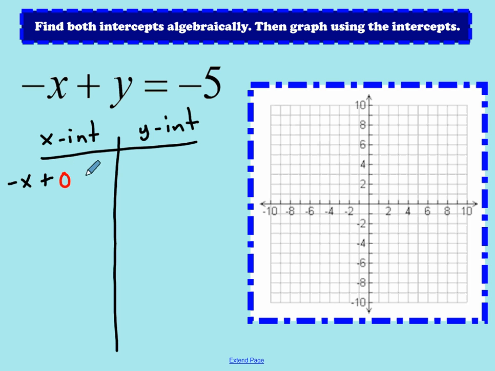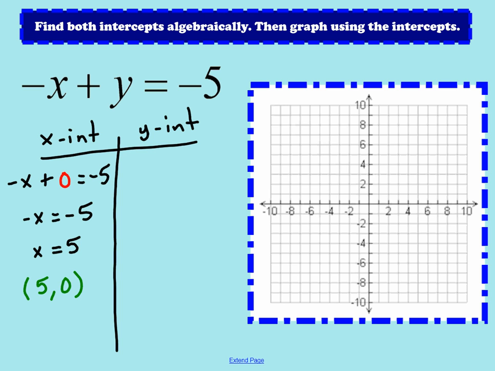And that equals negative 5. So negative x has to equal negative 5. I would divide both sides by negative 1, so that means x has to equal positive 5. So my x-intercept on this problem is going to be 5, 0.